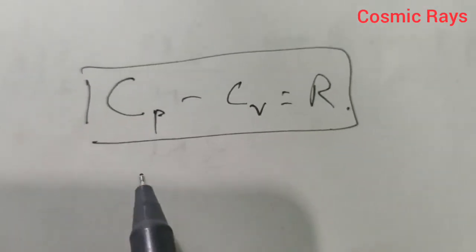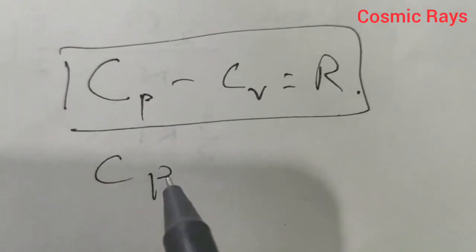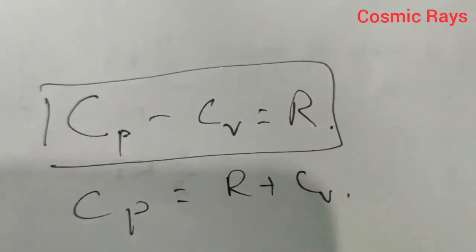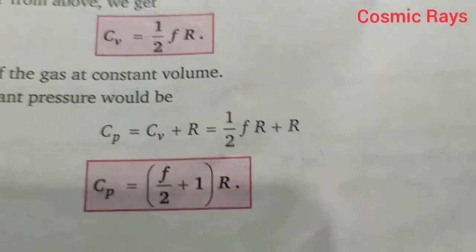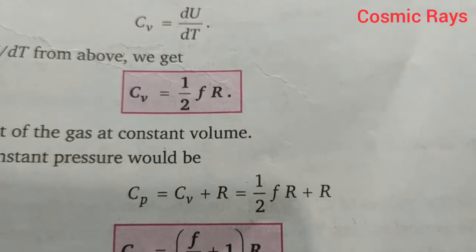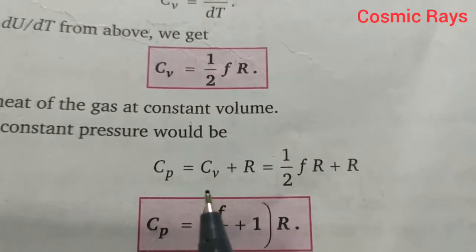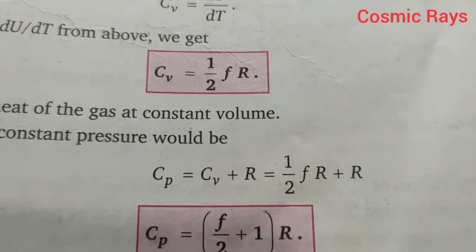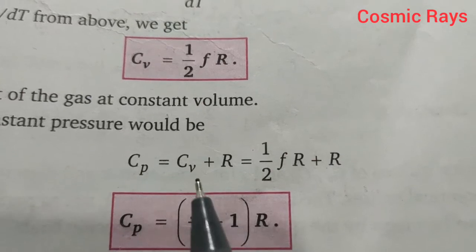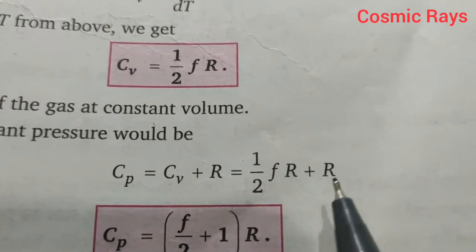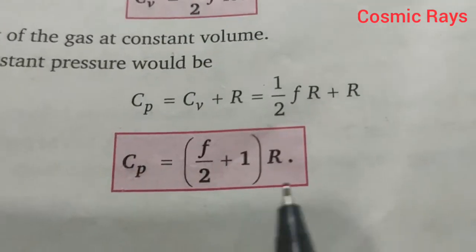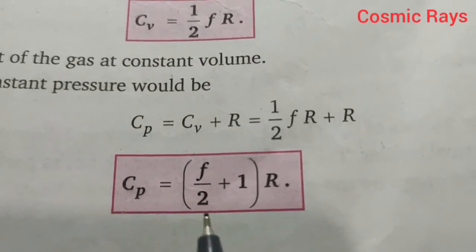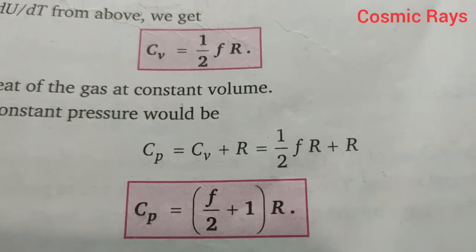So from here the value of Cp would be R plus Cv or Cv plus R. So we are using that equation here. Now we know the value of Cv, so instead of Cv, we are substituting this value half FR. So the equation becomes Cp is equal to half FR plus R. Now R can be taken common. So we have Cp is equal to (F by 2 plus 1) multiplied by R.